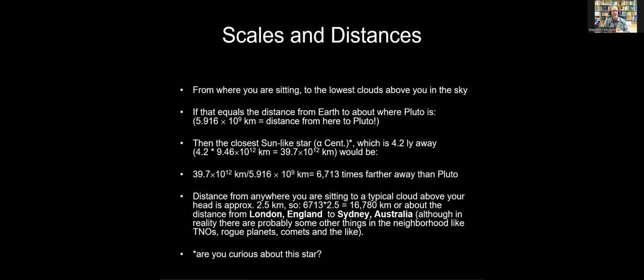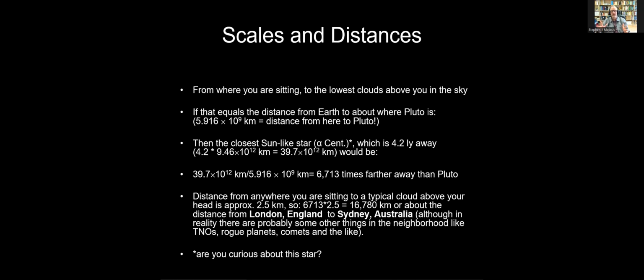Well, if you said that between where you're sitting and the lowest clouds in the sky is equivalent to the distance between Earth and Pluto, then the closest sun-like star, Alpha Centauri, which is 4.2 light years away, would be 4.2 times the distance that light travels in a year, also known as a light year, which is equal to almost 9.5 times 10 to the 12 kilometers.